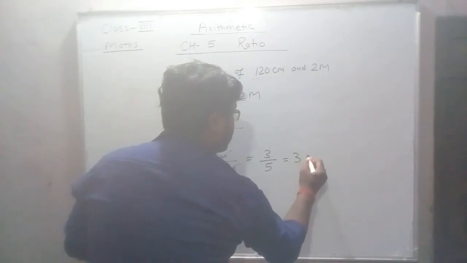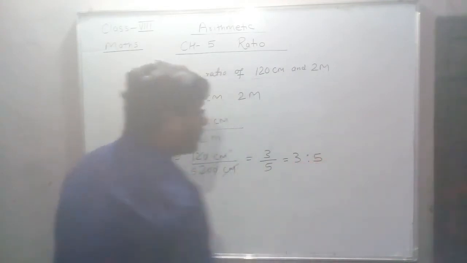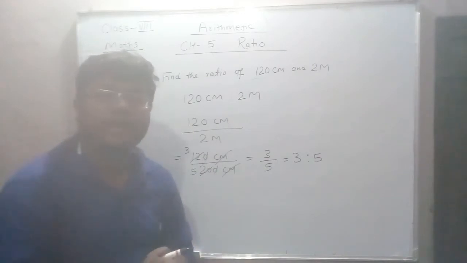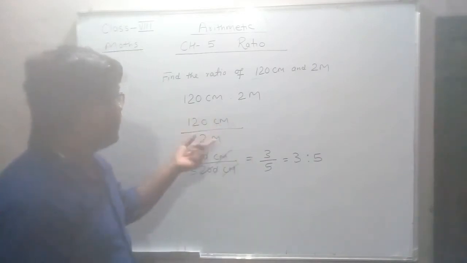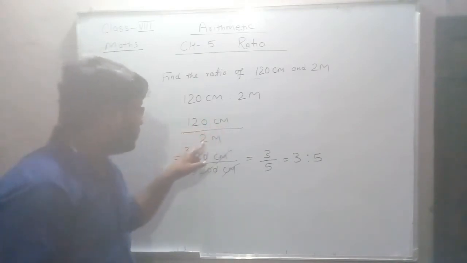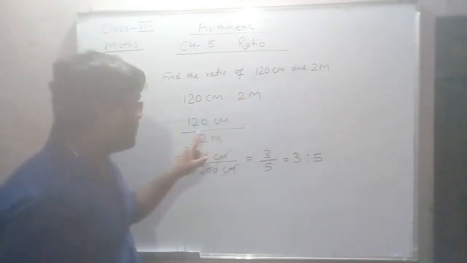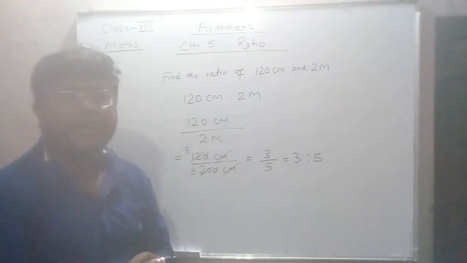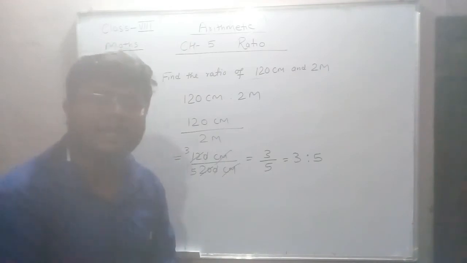We write it as 3:5. To form a ratio we have to compare by dividing. Here I have divided 120 centimeter by 2 meter and formed a ratio. But the quantities must be of the same kind.